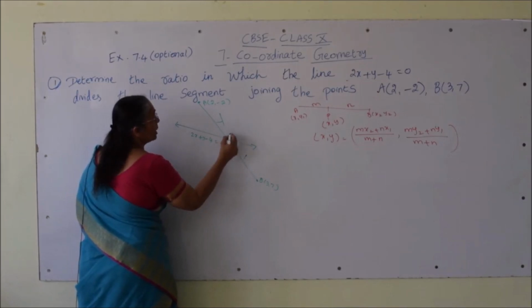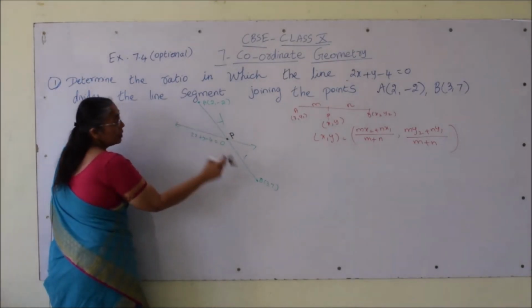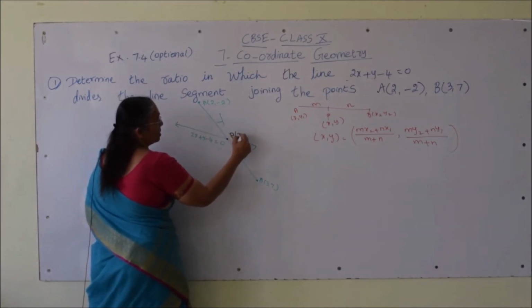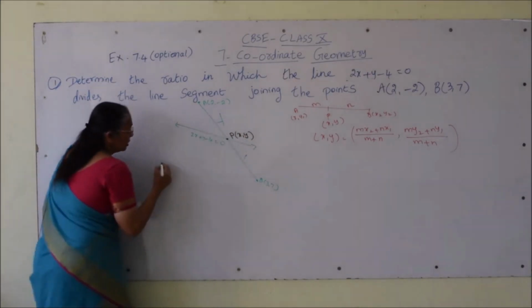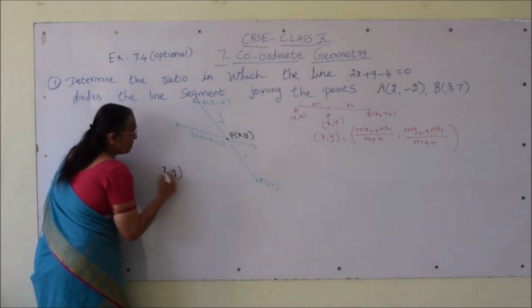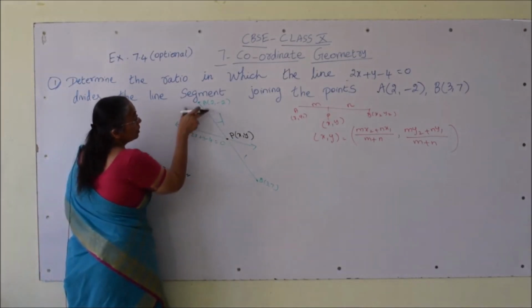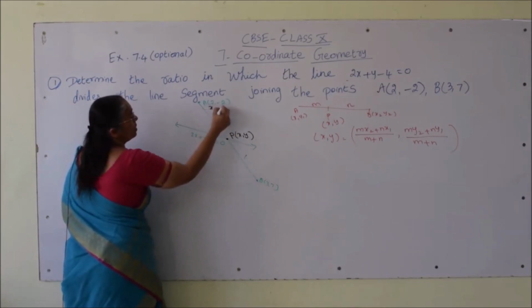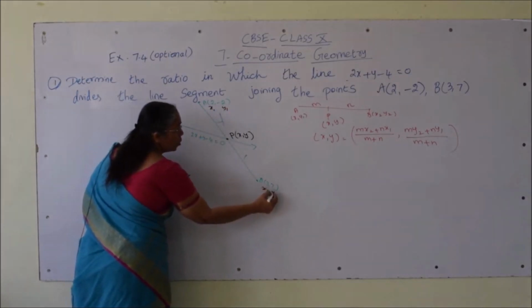Now, this is the point P. For the line segment AB, P is the point (x, y). This is m, this is n, and these are x1, y1, x2, y2.